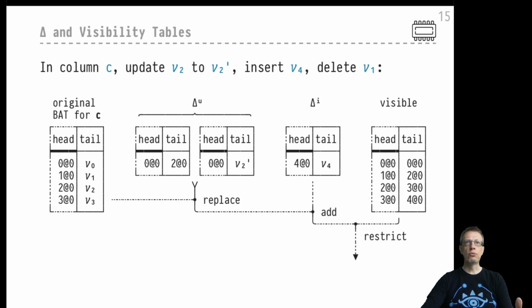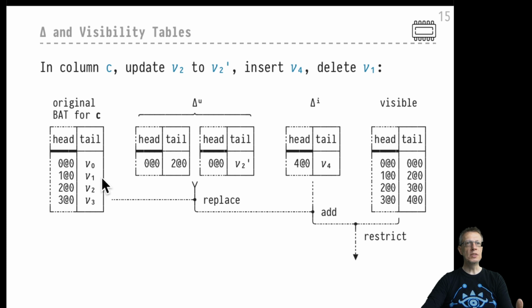Let's say there are only 4 rows in the C column and they have the values V0 to V3. Now let's suppose that one user has performed a number of updates on this. He has updated V2 into V2 prime. He has inserted a new value V4. And value V1 should be gone, so it should be affected by a deletion.